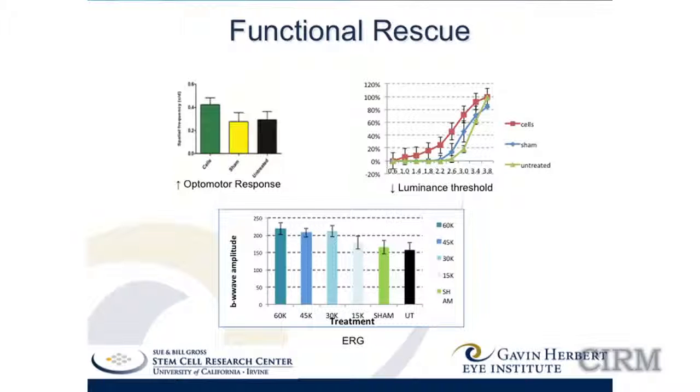One in the upper right-hand side shows you electrophysiology from the brain that tests how well the signals are getting from the eye back to the brain. And what you see in the red line is the cell-treated eyes that are seeing better than the other eyes. So that's one indication that the retina in the treated animals are more sensitive to light.